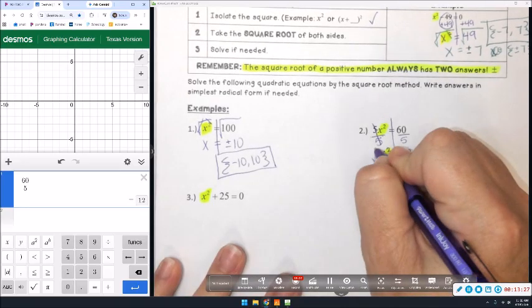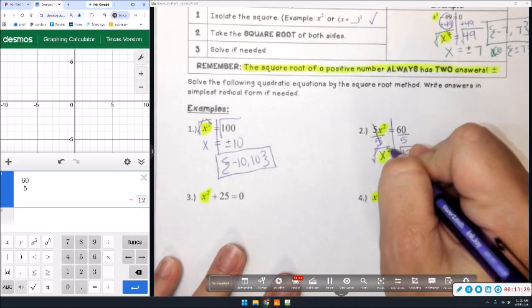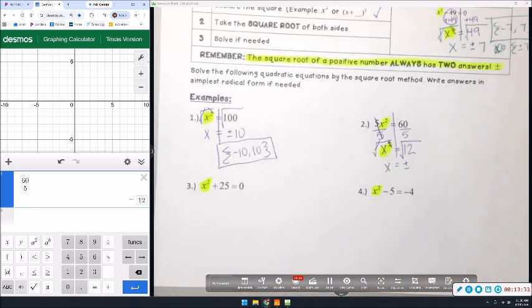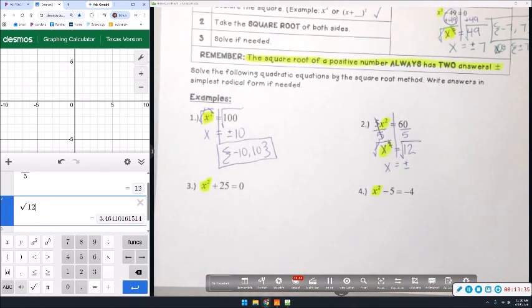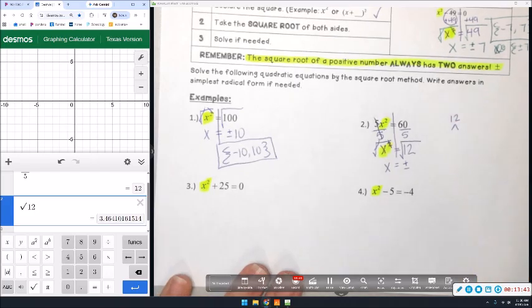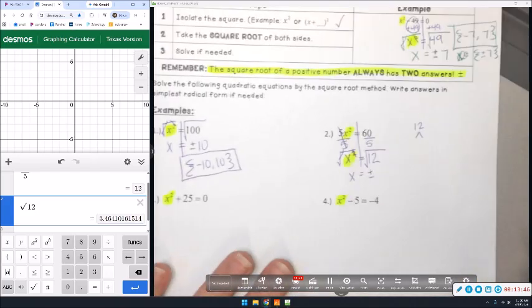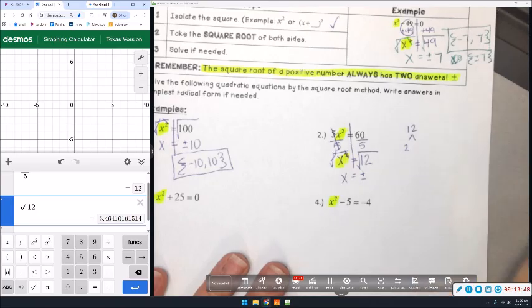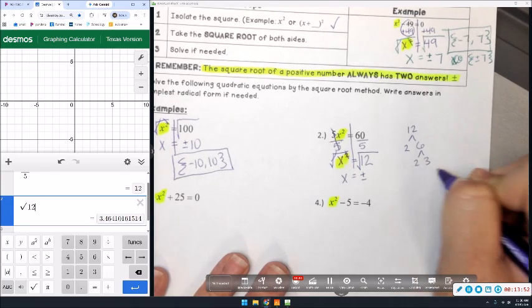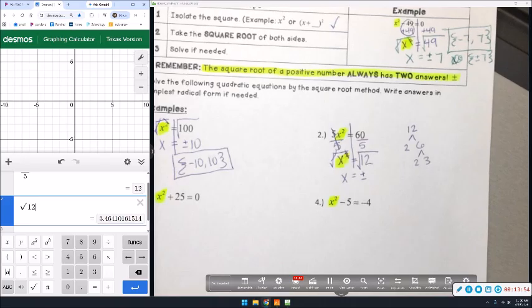So square root, and I get x equals positive and negative. Well, we're going to check it. Square root of 12, does that give me a whole number? No, so that means we have to do the factor tree like we did at the top of our notes. So come over here, we're going to break down 12. Okay, I told y'all I'm going to start with my smallest, which is 2. 2 goes into 12 6 times. 2 goes into 6 3 times. 3 is prime, so I'm done.